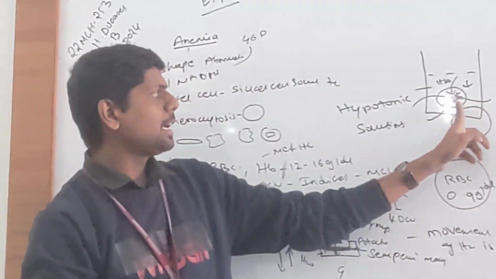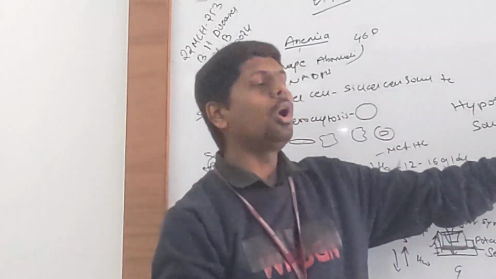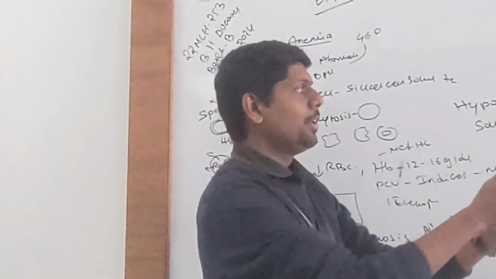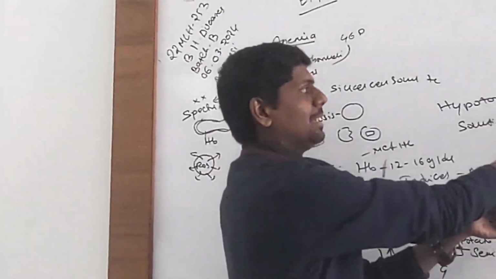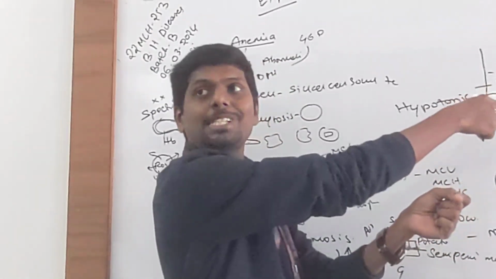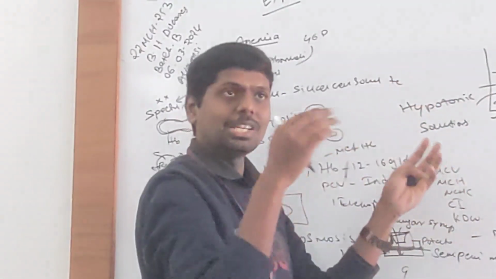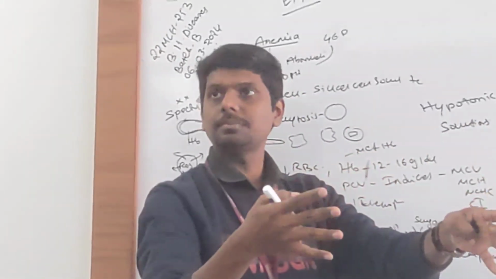Here RBC has high concentration of sodium and water has low sodium. Now what will be the movement of water? From low to high. That means it will migrate inside the red blood cell, because inside the red blood cell the concentration is high. So water rushes into the red blood cell because of the osmotic gradient.